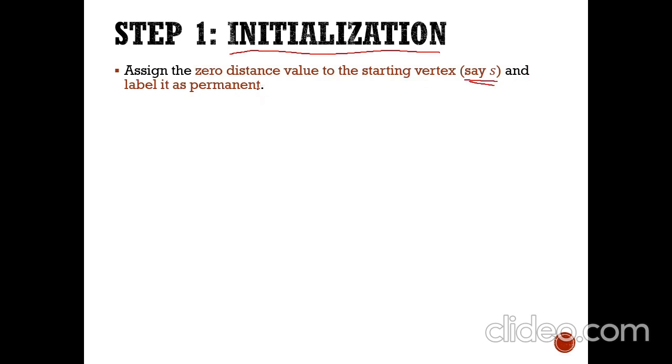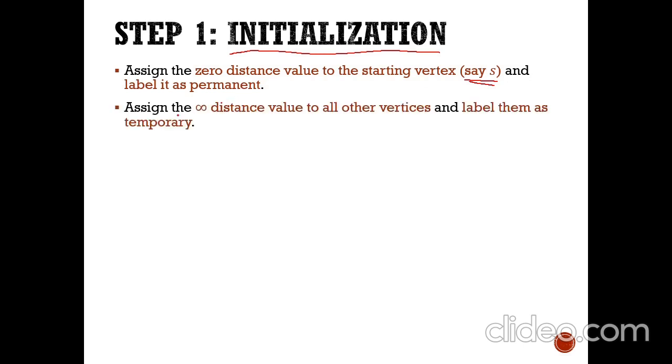You have the distance value and status label. Next, we will assign infinity distance value to all other vertices and label them as temporary. And then finally, we designate vertex S as current.